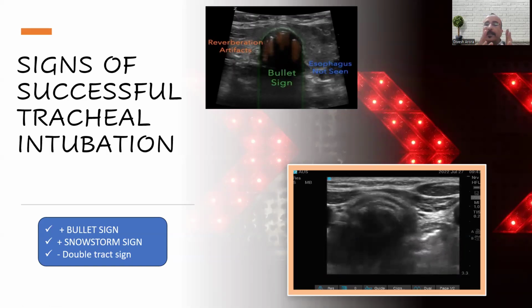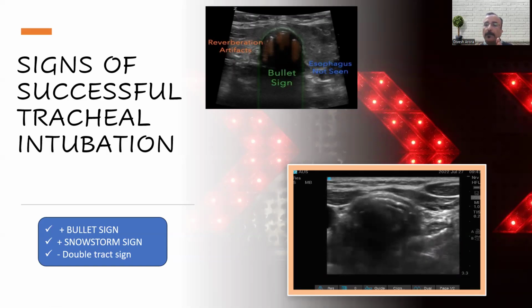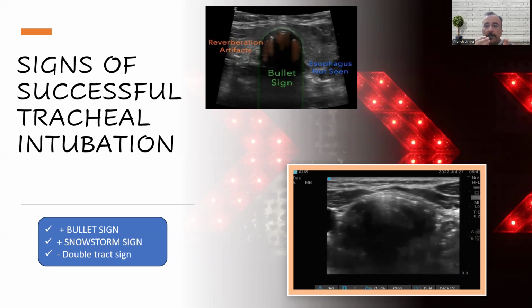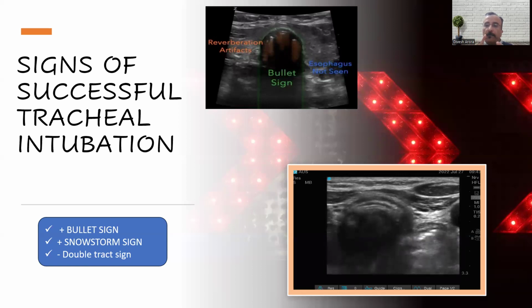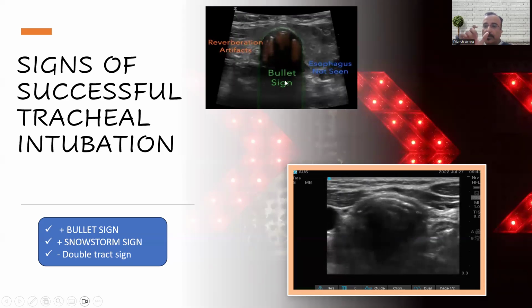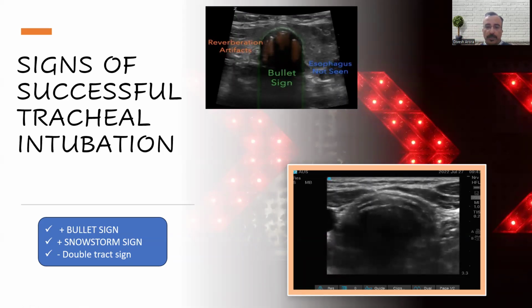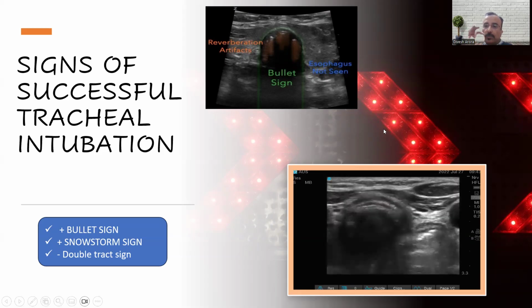Ultrasound is all about recognition of patterns. For example, we do a supraclavicular brachial plexus block, recognition of a bunch of grapes. So in order to confirm my tube is inside the trachea, there are three important things. Number one, a positive bullet sign. That means the contour, the shape of the trachea, would change. Second, a positive snowstorm sign in real time visualization.